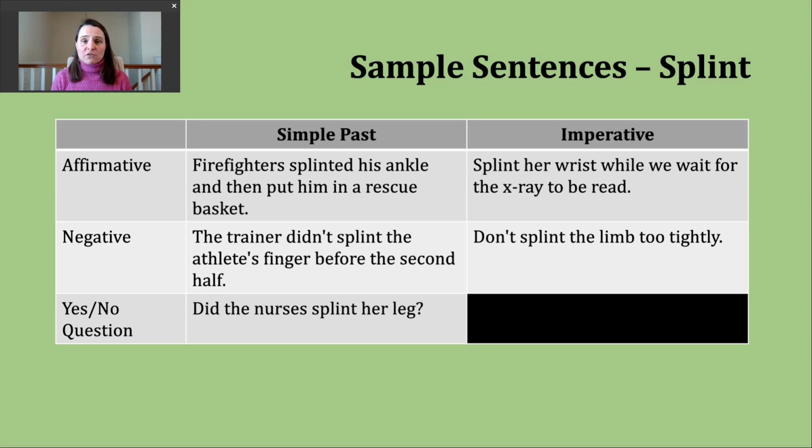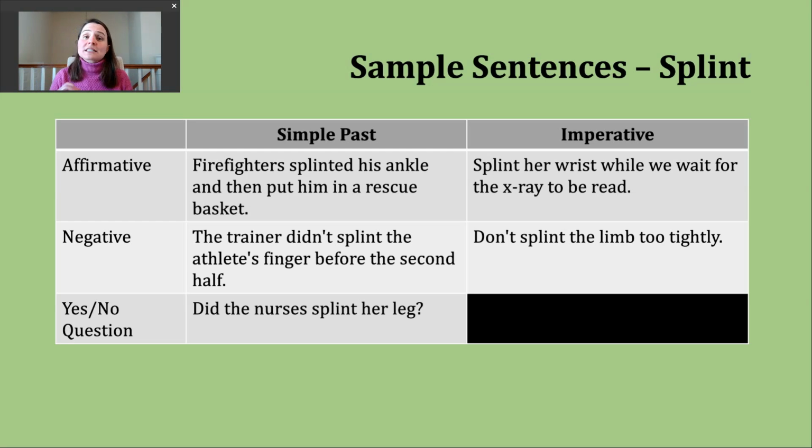We use this verb tense to talk about actions that were completed at some known time in the past. You might see time signals like yesterday, last week, last year, or even a specific date in the past to let you know that this is a completed action.